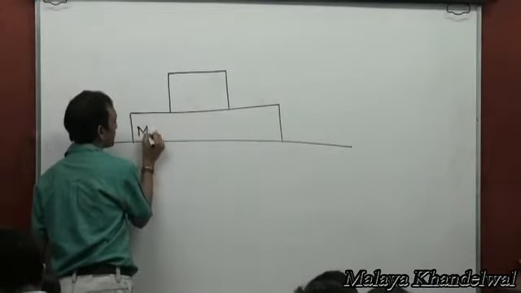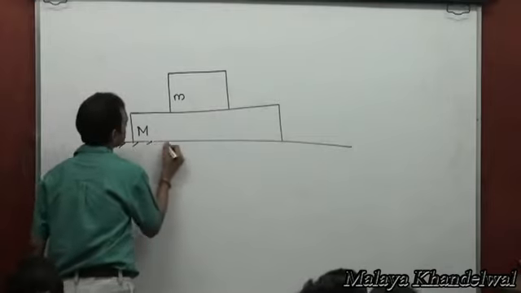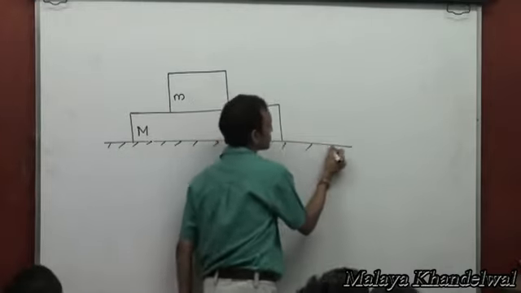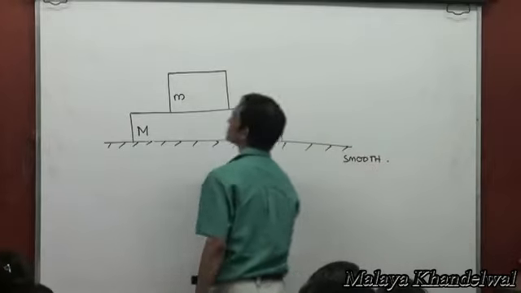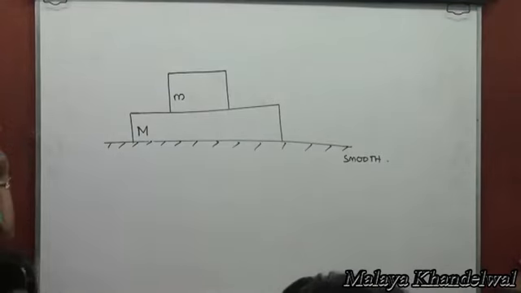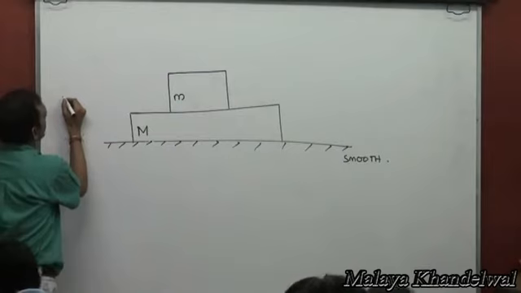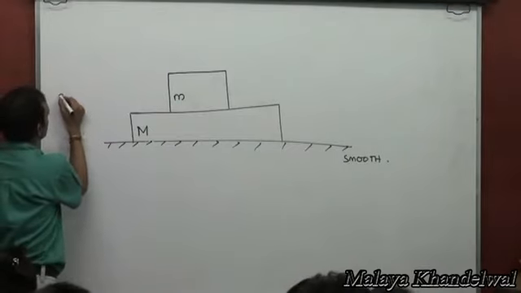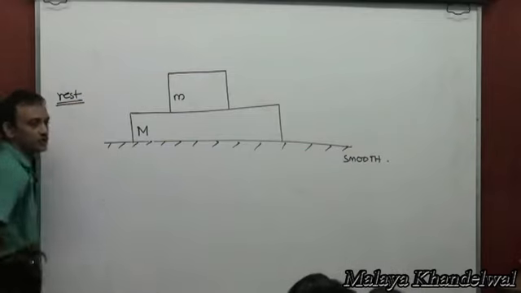Now, let's say this is capital M, this is small m, and let's say this is a smooth surface. And the system starts from rest. The whole thing is at rest initially.